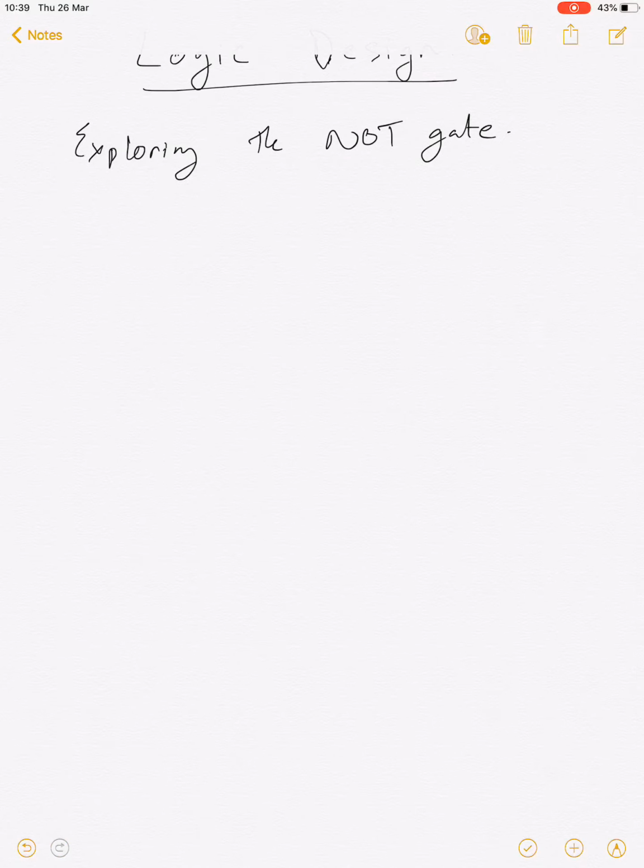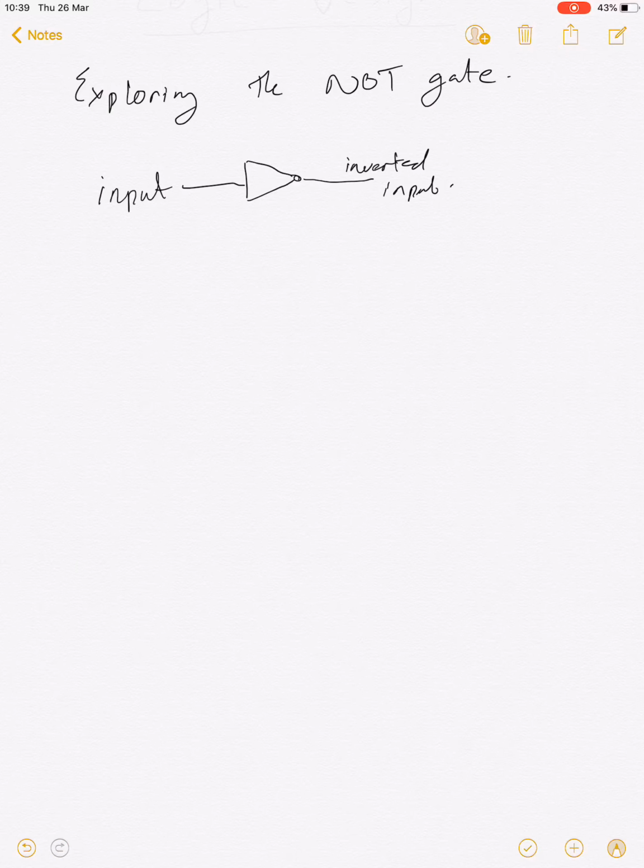So first of all, we have some kind of input. It goes in to the actual gate itself. So the gate is a triangle, little circle on top, and it comes out, and here we have the inverted input. So you might be thinking, well, what does that actually mean?